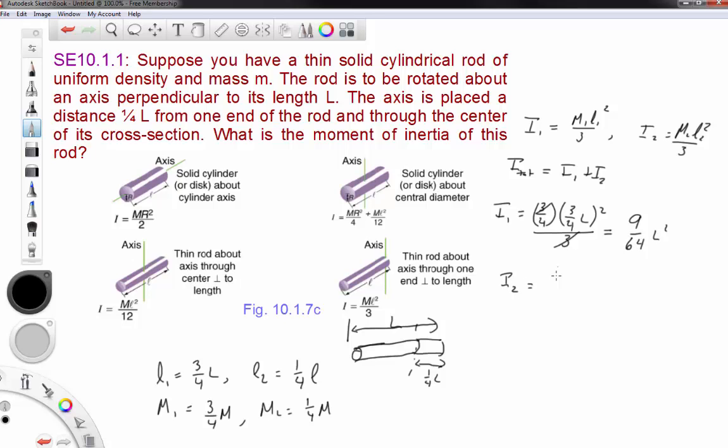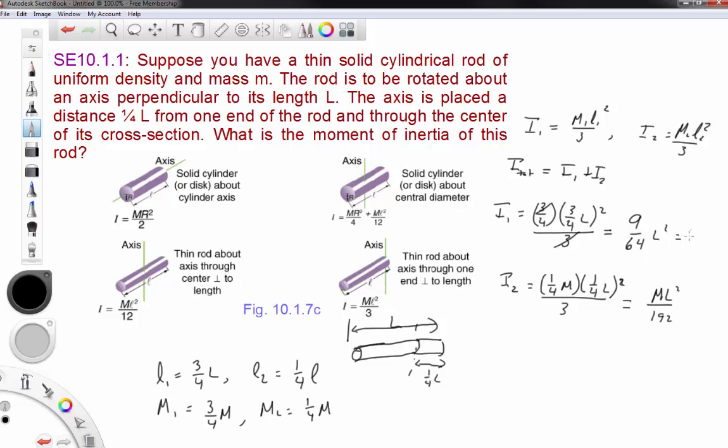I2 is going to have 1/4 M times 1/4 L squared divided by 3. So that's going to give us 1/4 times 1/4 times a 4th is a 64th, divided by 3 is 1 over 192. So this would be ml squared over 192.